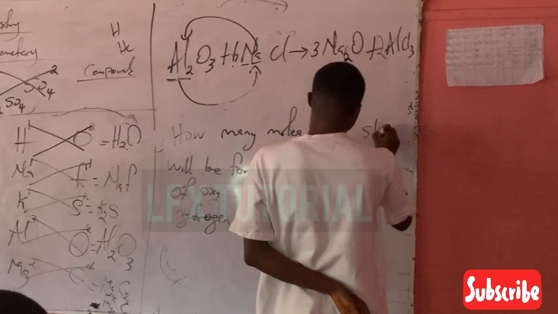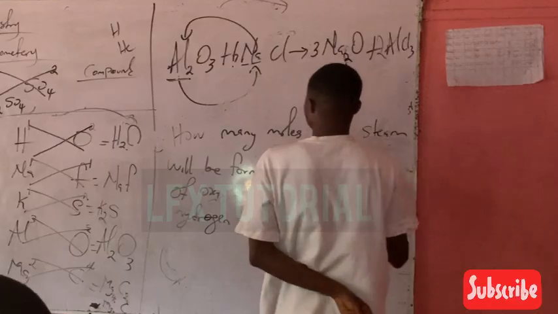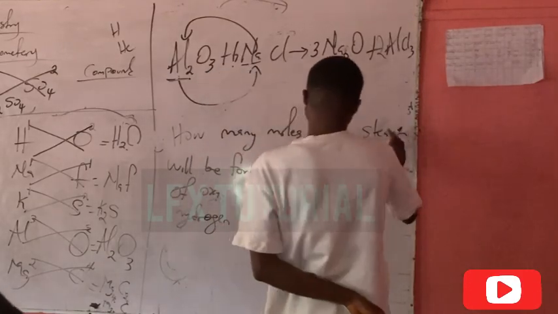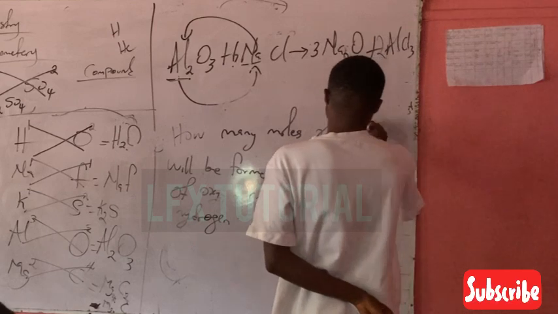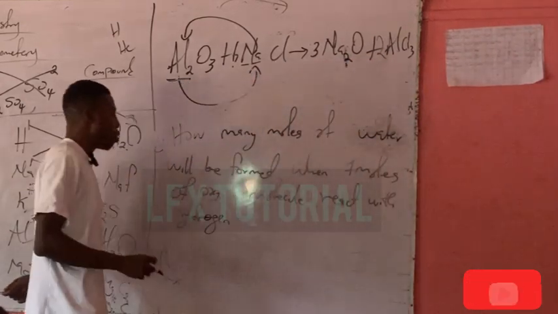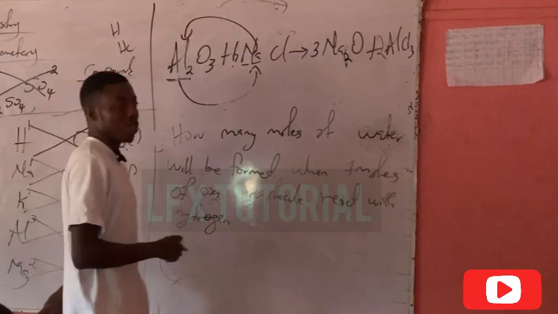Okay, I just want us to use it. Or even water, say the middle ones we use water. Let me say how many moles of water will form when 7 moles of oxygen molecule react with what?